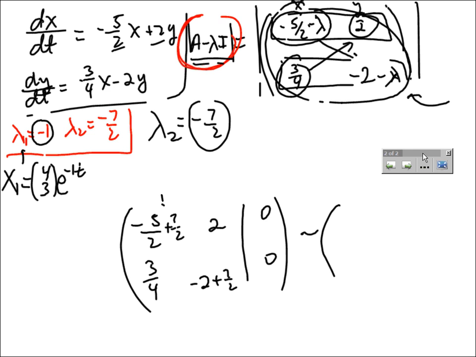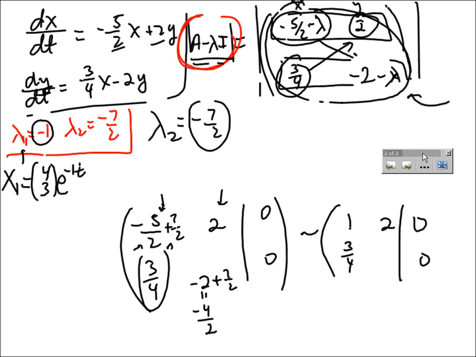Since we're in addition and the bottoms are both 2, we just add the tops. Negative 5 plus 7 is 2. Over 2 is 1. That 2 stays 2. The right sides are 0. That's 3/4. I'll think of this negative 2 as negative 4/2. You add 7/2, you get back 3/2.